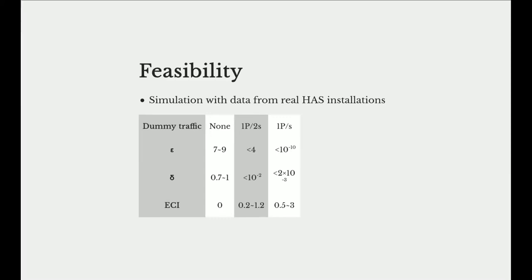The first case is where we have no dummy traffic. Now, this might sound a bit counterintuitive, but when you think about it, if the attacker is not able to decrypt packets and is only able to see message timestamps, then you might have an observation that can be observed when the user performs some interaction, for example pressing a light switch, but can also be observed when the system performs some automation rule, for example turning on a light in the morning.